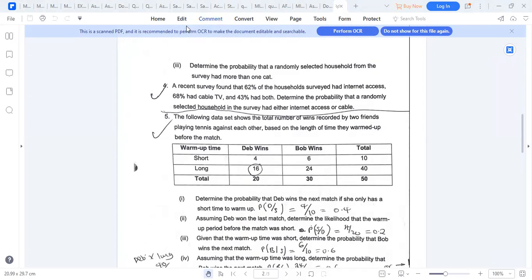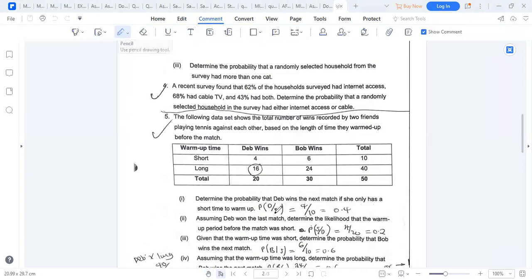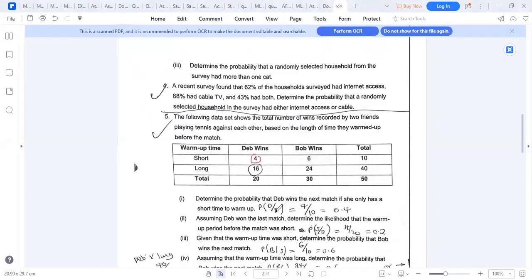So "if" means given. This one is Deborah given short. Where do Deborah and short meet? They meet at 4, but the total for short is 10. So 4/10, we get 0.4. And here they say assuming is the same as if or when.